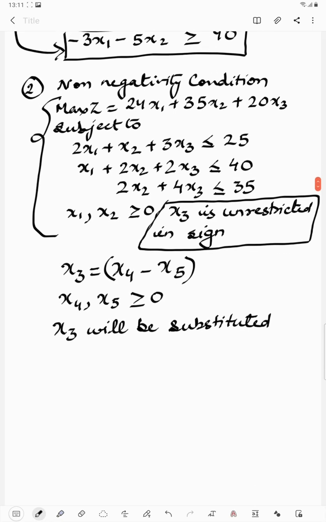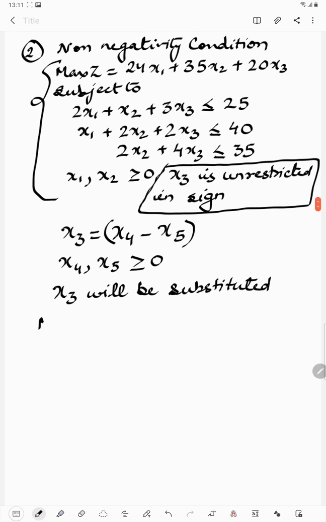See how this will look. Your problem will become like this: 24x1 plus 35x2, and if we replace x3 by x4 minus x5, it will become 20x4 minus 20x5.